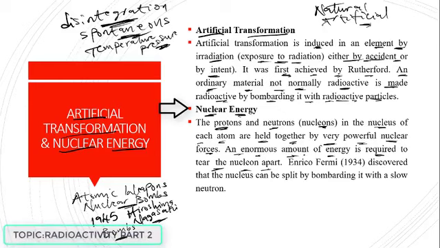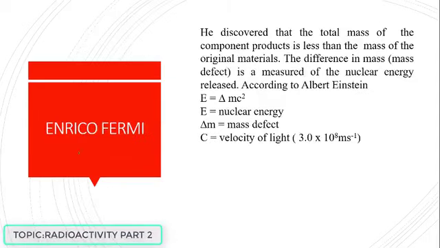Enrico Fermi, in 1934, discovered that the nucleus can be split by bombarding it with a slow neutron. A nucleus can be split by bombarding it with a slow neutron, and that is how nuclear energy is created.